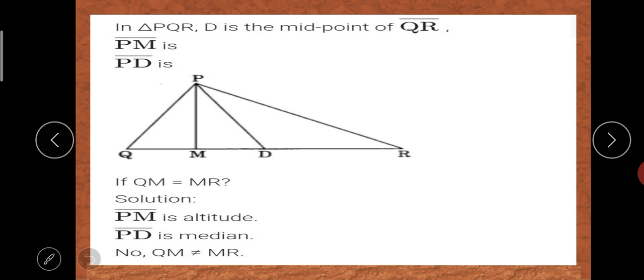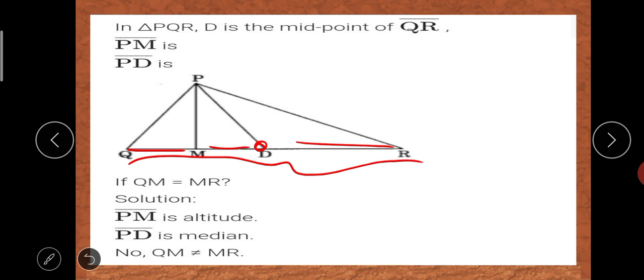In the question, D is the midpoint of QR. QR is a line segment and D is the midpoint. Then PM and PD. Is QM equal to MR?